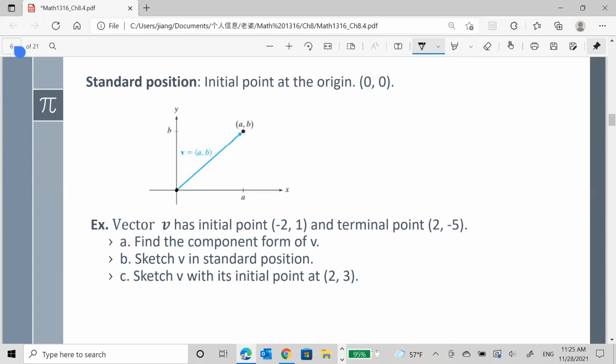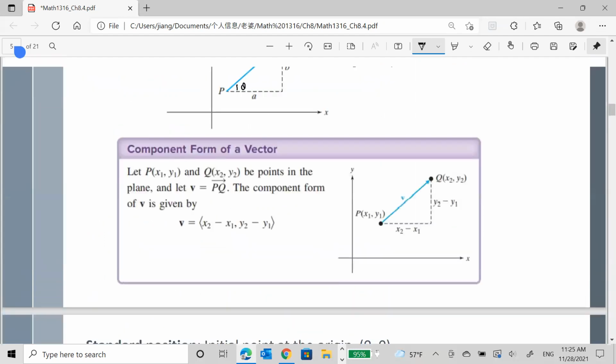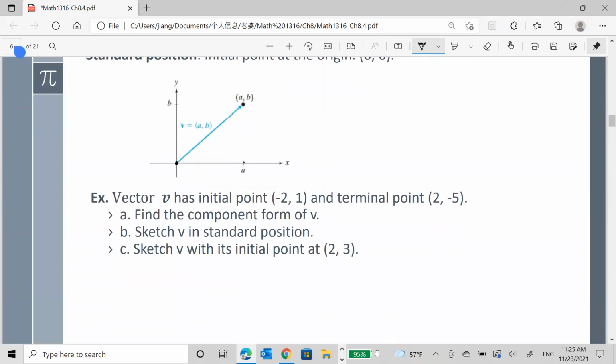So the distance from here, going back to 0, that's the A. From here to here is the B. So V equals x2 minus 0, or minus x1, comma, y2 minus y1, because x1 and y1 are 0, 0.